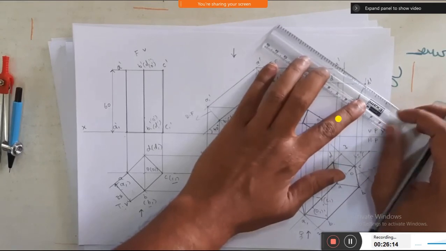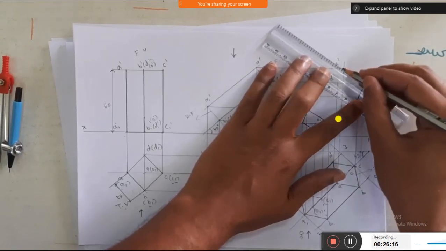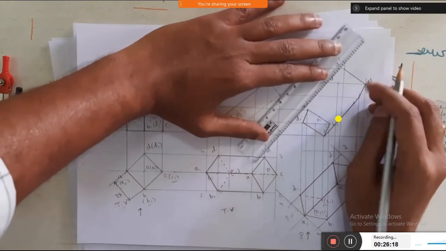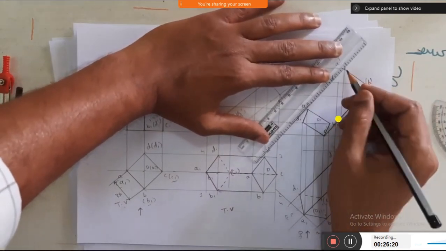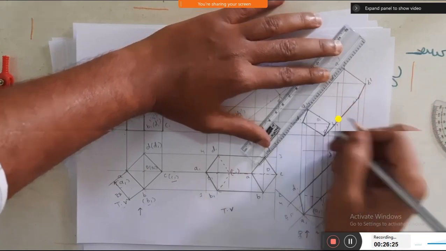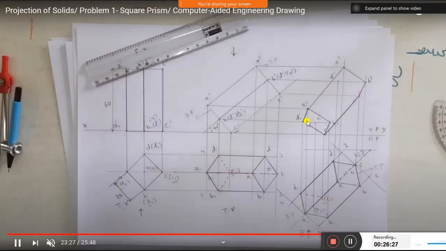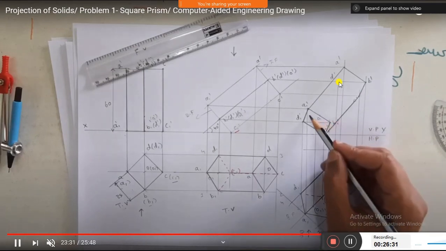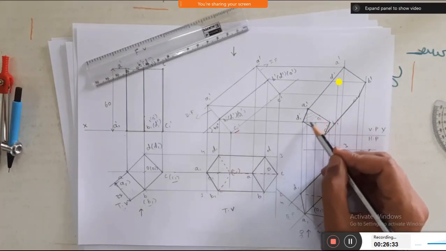Yes, it is also visible. But from D1 dash to D1 is not visible. It is written as a dotted line.